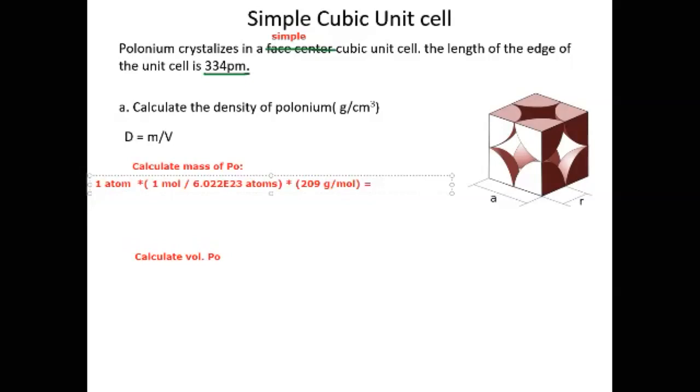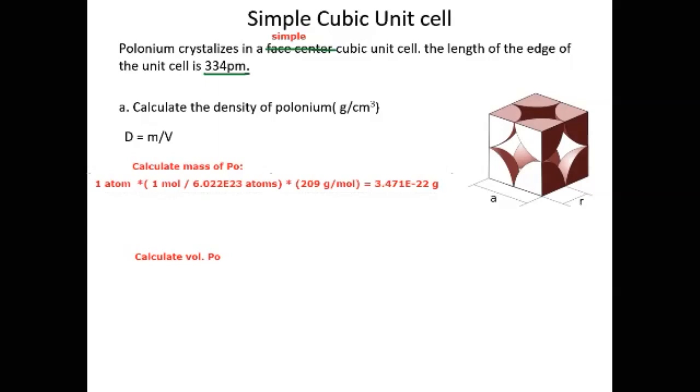And it's going to be really small. So we get 3.471 e to the negative 22 grams. And so that's how you find the mass of polonium in a simple cubic unit cell.